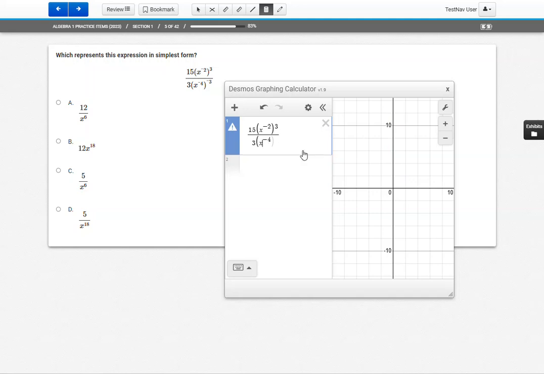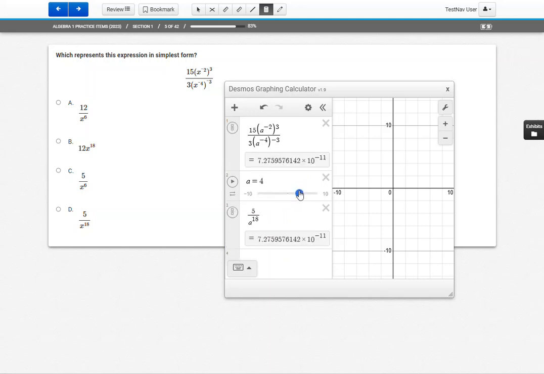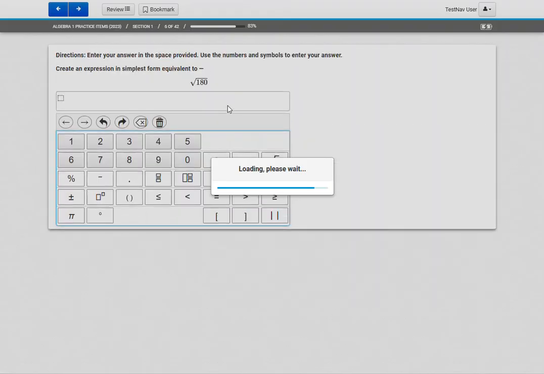Whoops, what is this? Okay, and then I think it's the last one. See, it's the same exact graph. If you want to go ahead and change this to like an actual letter and then plug in a random number, that's fine too. Okay, so like I can plug in just some random number and then match up the numbers as well. Okay?